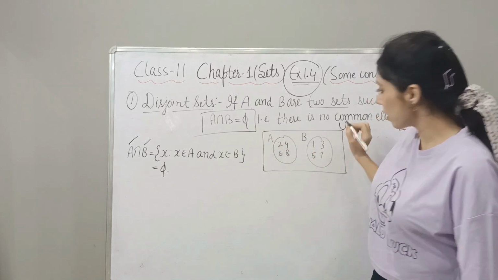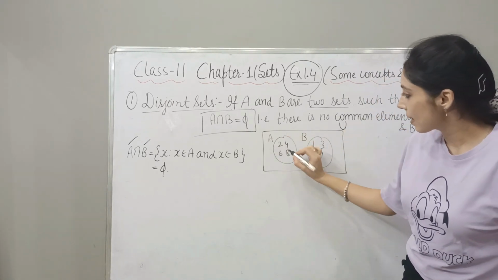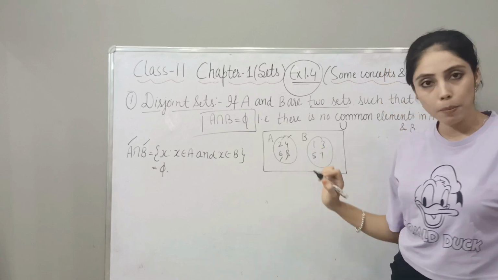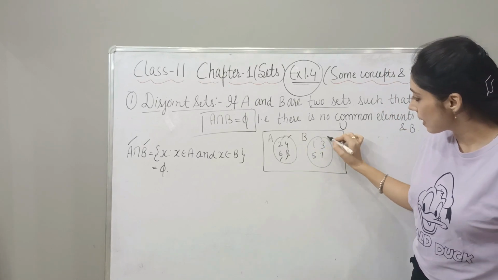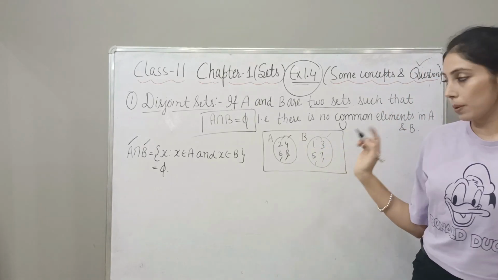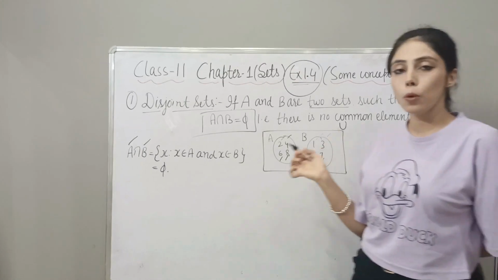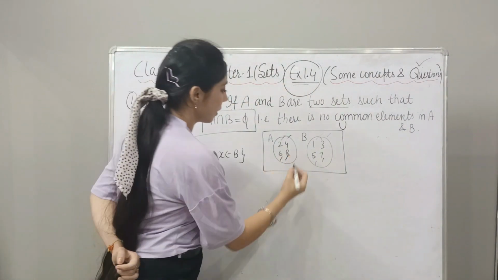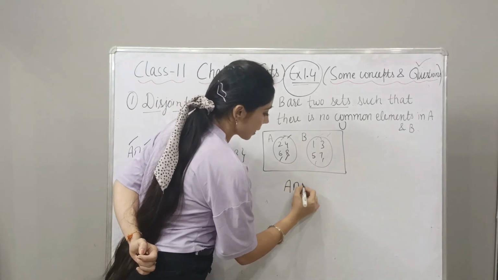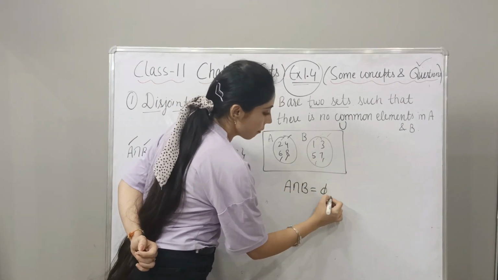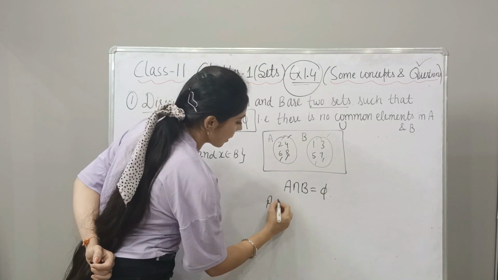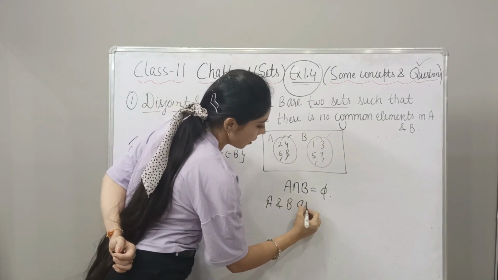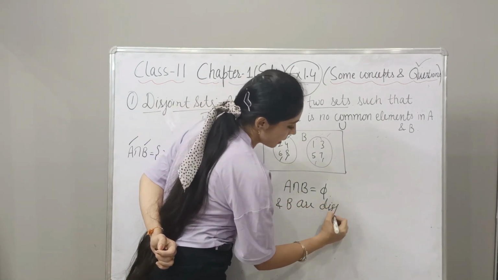If this is a universal set and set A contains the first 4 even numbers and set B contains the first 4 odd numbers, you know that there is no element common to even numbers and odd numbers. So here A intersection B is equal to the empty set. So A and B are disjoint sets.